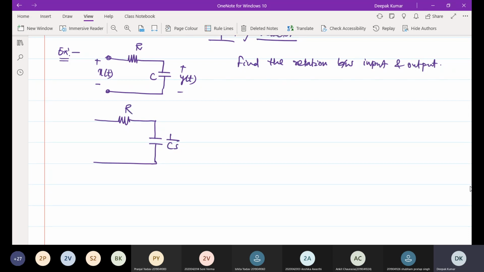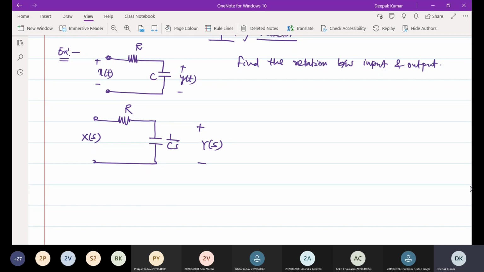1 by Cs, and R stays R. Here, X of t becomes X of S. This is the Laplace transform. I think those who have not studied the Laplace transform can also understand, because you have studied it in mathematics. It is a very simple technique, and we will not go deeper into the Laplace transform. Just for representation, X of S is the Laplace transform of X of t, and Y of S is the Laplace transform of Y of t.